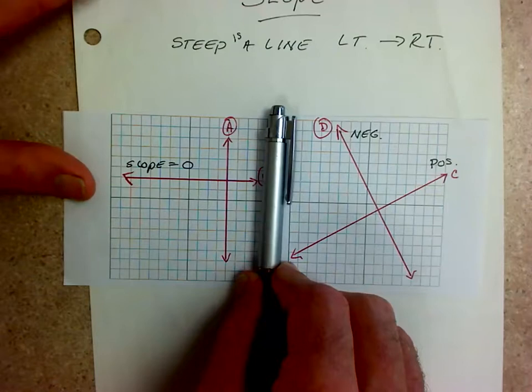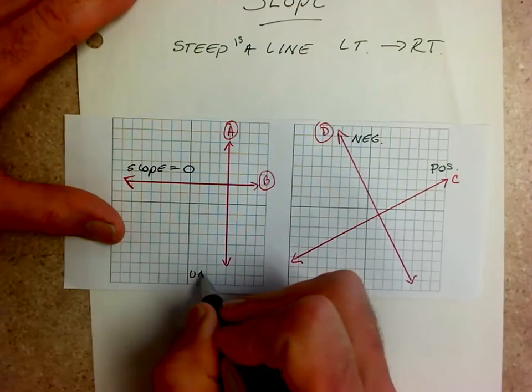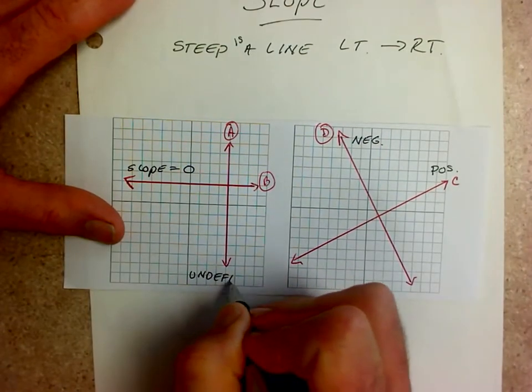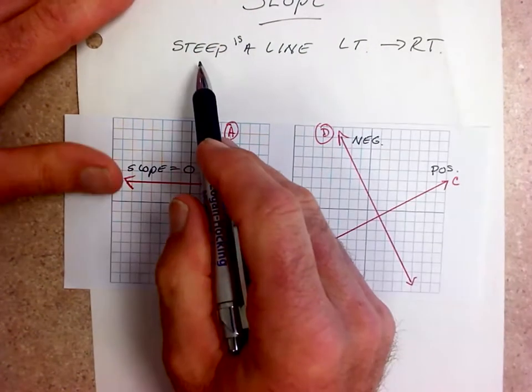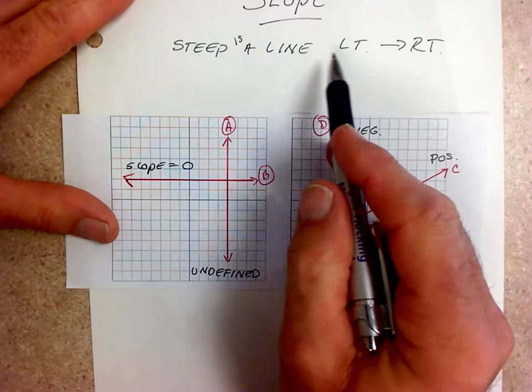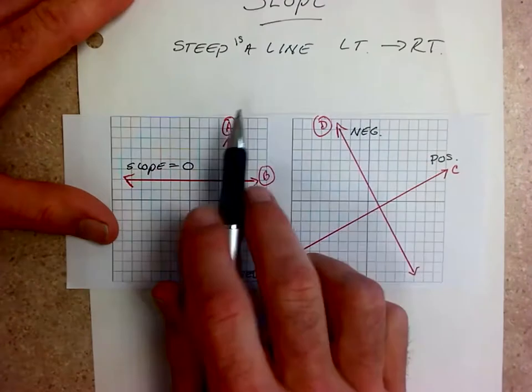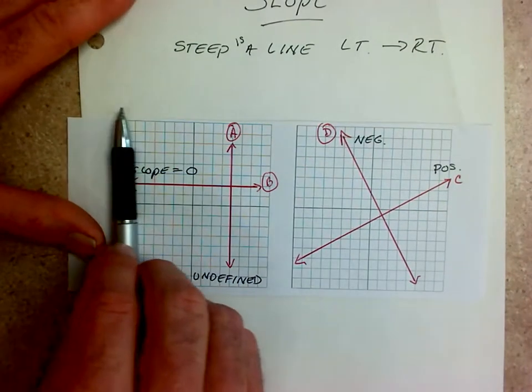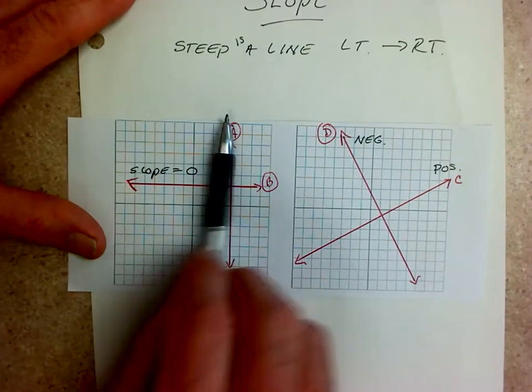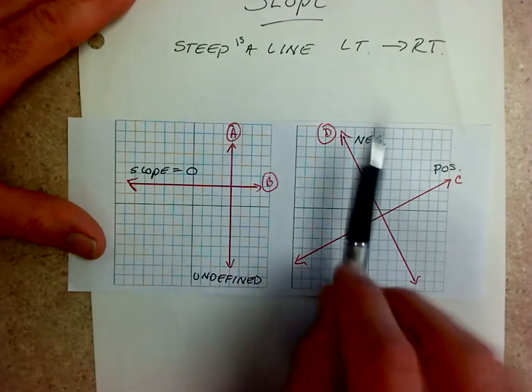So the slope for line A is undefined, because how steep is it? It doesn't change, and we only see it for one point as we travel from left to right. It's like something and then nothing.